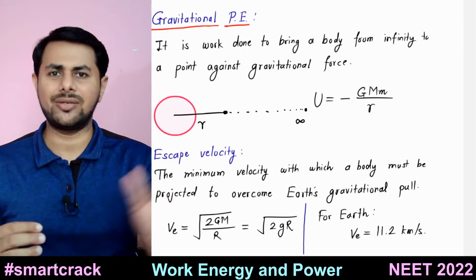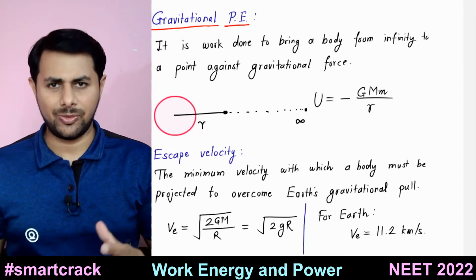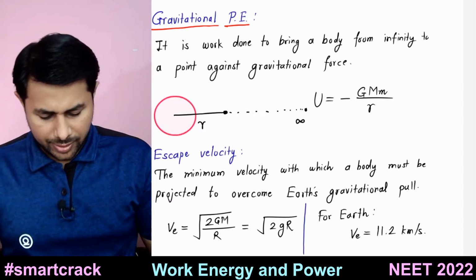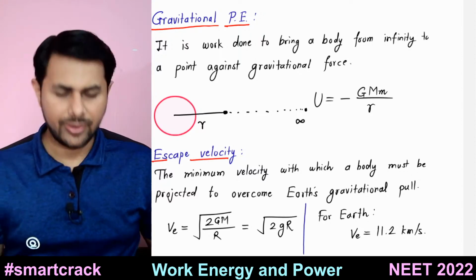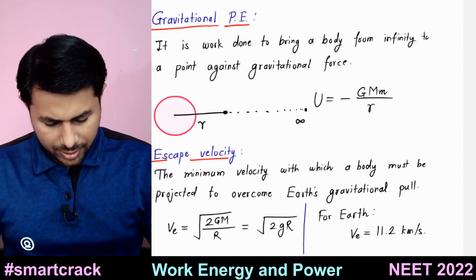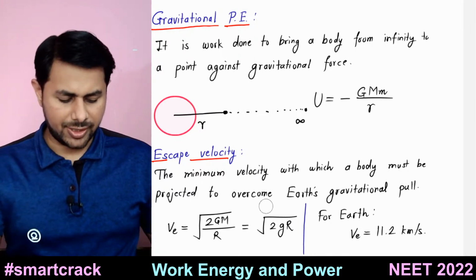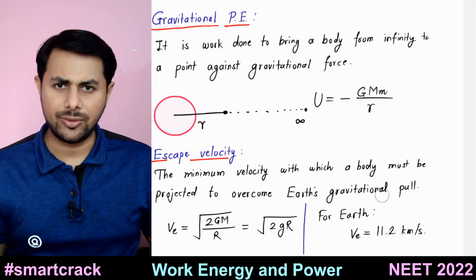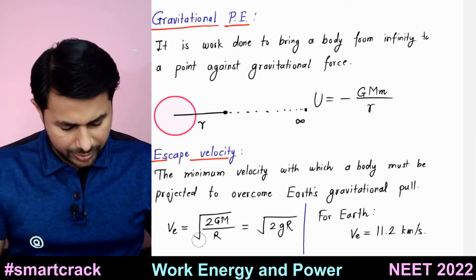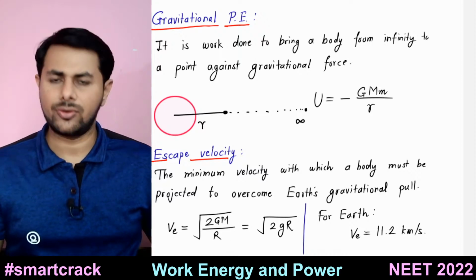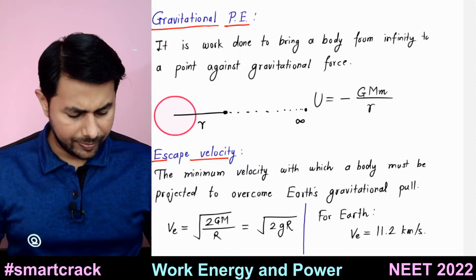So we give it some velocity and it escapes out of Earth's gravitational influence. The minimum velocity with which a body must be projected to overcome Earth's gravitational pull is the escape velocity. Its formula is given by square root of 2GM over r.